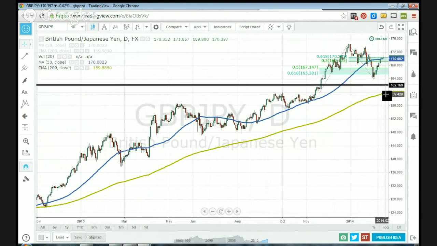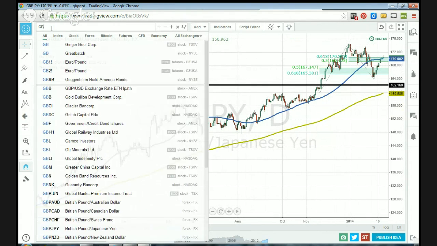So this looks like it could head down, which would be good for my euro yen. We don't want it to head down too much, but basically it needs to come back closer to here, and then I'll get filled on euro yen, and we can go from there. We'll see. So yen looks like it may be getting ready to reverse, at least against the pound.